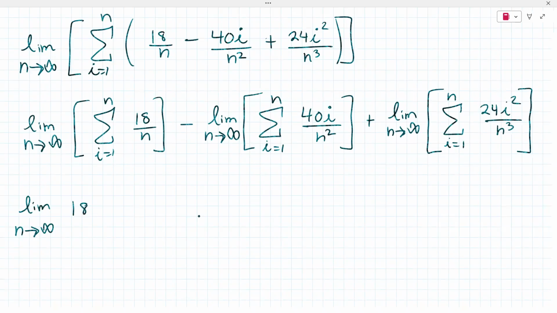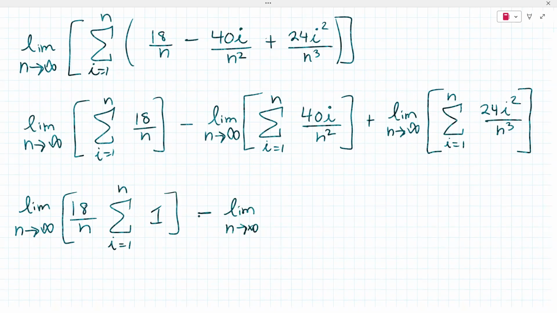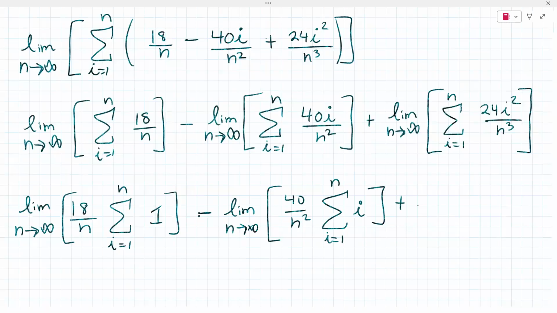So it's going to be 18 over n, the limit as n approaches infinity, and then 40 over n squared is a constant, the sum from i equals 1 to n of i, plus the limit as n approaches infinity of 24 over n cubed, the sum from i equals 1 to n of i squared.